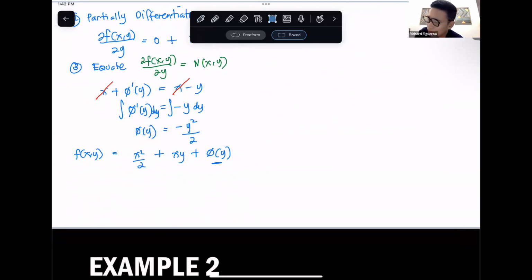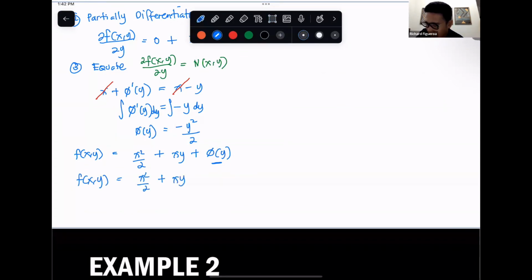And then substitute. So f of xy is equals to x squared all over 2 plus xy, then minus y squared all over 2. And then so happened that ito na yung step 4 natin. That f of xy will be equal to c, so for our general solution.